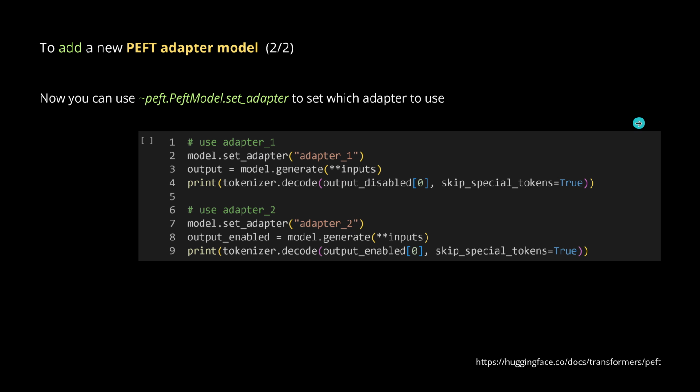Another way. The beauty with this is now you can use the set adapter command to choose which adapter to use, to activate if you want. The command is model set adapter 1, or if you want to activate adapter 2, model set adapter 2.